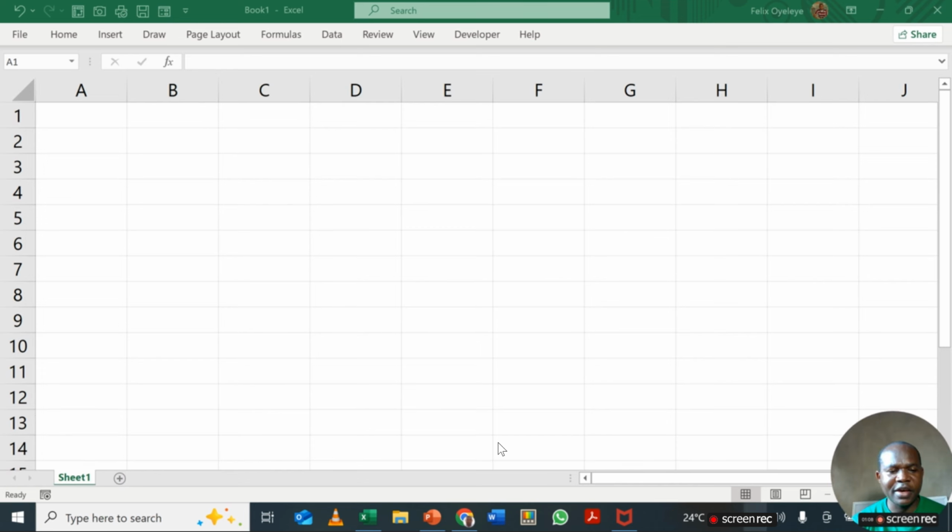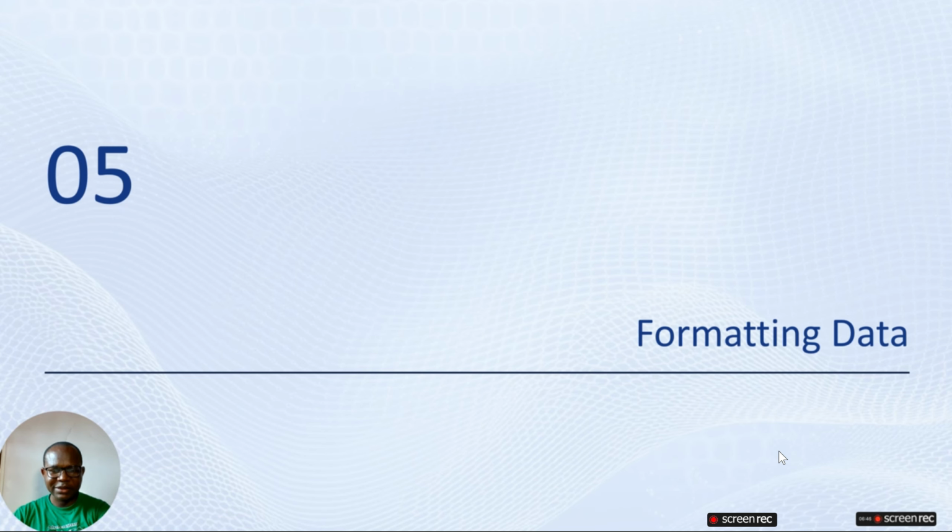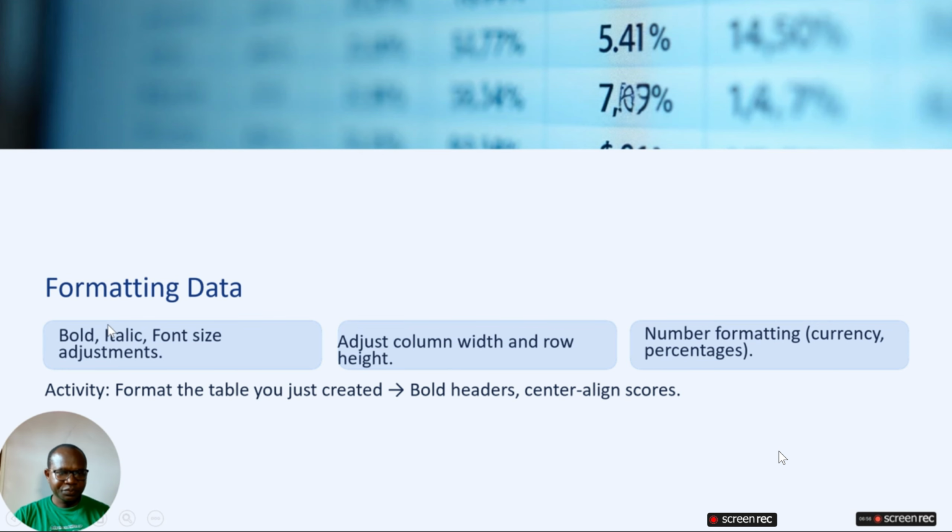The next thing we're going to talk about is formatting data. How do you format data? Formatting actually means organizing, aligning, or modifying data even within our Excel sheet. So you can format by bolding a particular data set or the header of the data set.